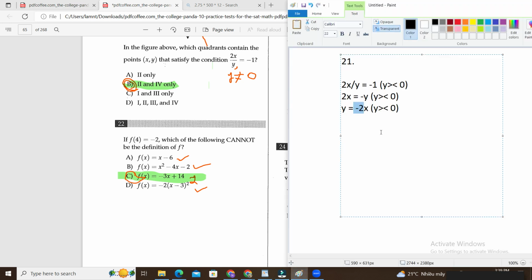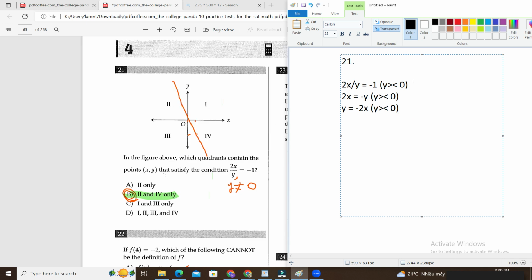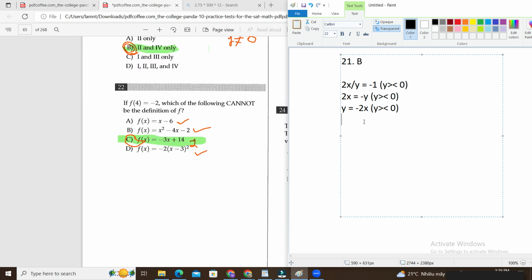So 21 is B and 22 is C, because f(x) is -3x plus 14.